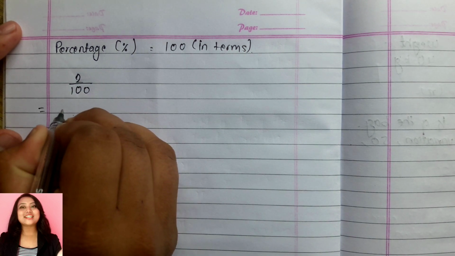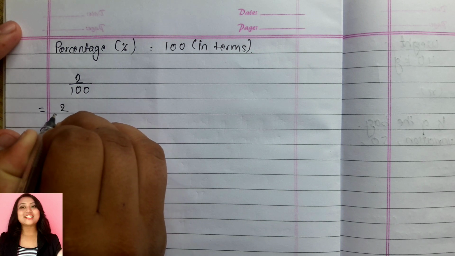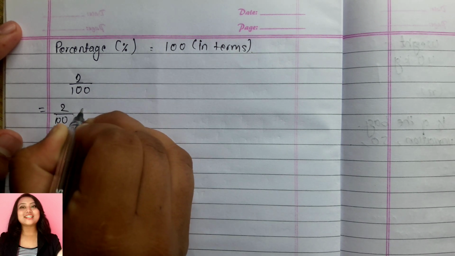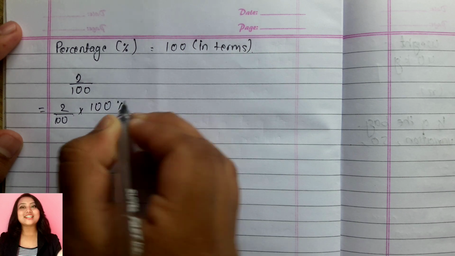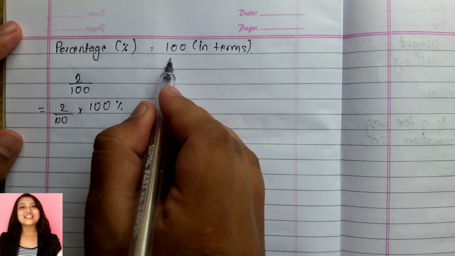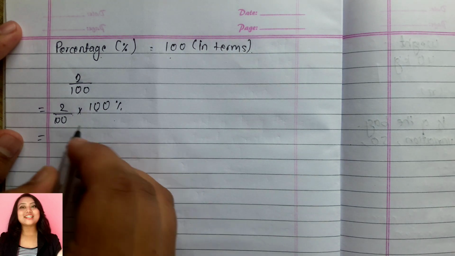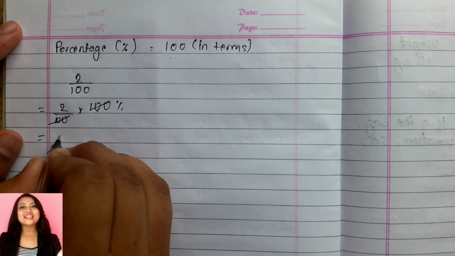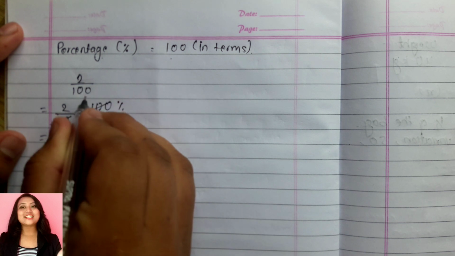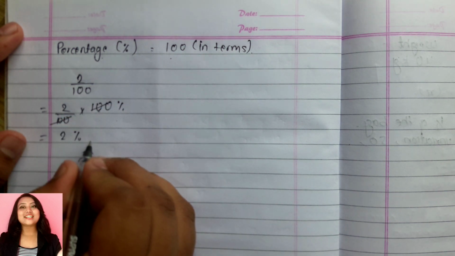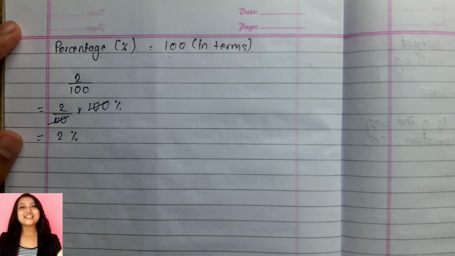Then multiply by 100%. As I have said, percentage will always be in terms of 100. So this 100 and this 100 will cancel out, and 2 by 100 is 2%.